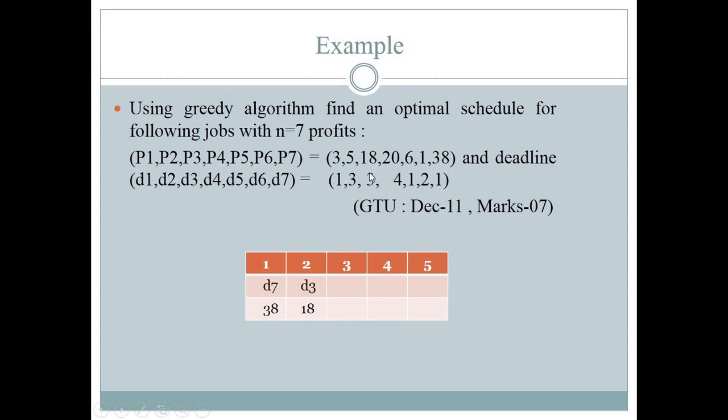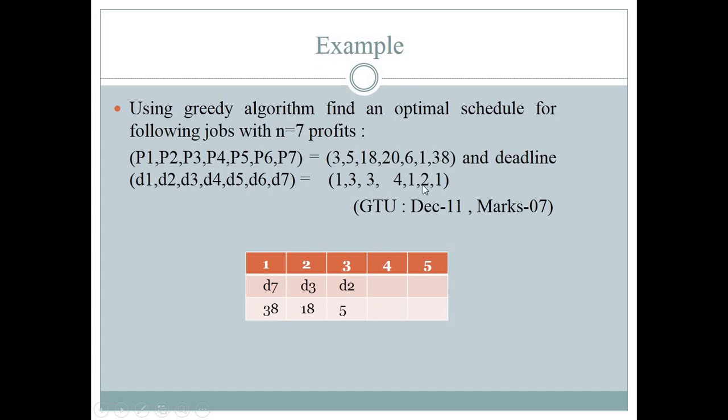We can start any job before its deadline. Okay, so here we have selected D3. After it we will select job number D2 and it will give us a profit of 5. Here D2 and D3 both have deadline number 3, so they can be executed.